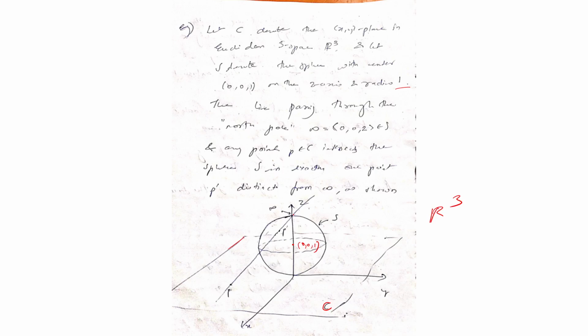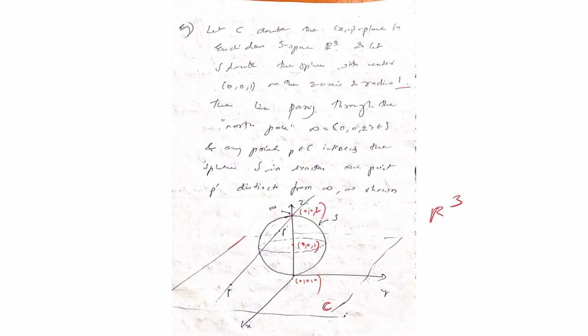So it will go till here, that is 0, 0, 2 on the z axis, and here to 0, 0, 0.